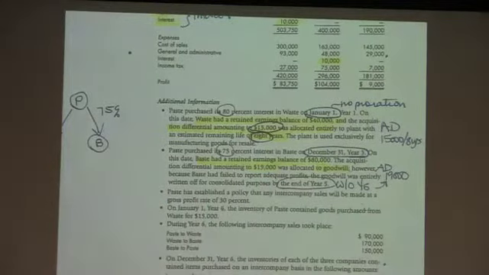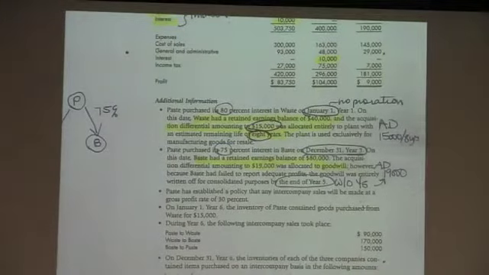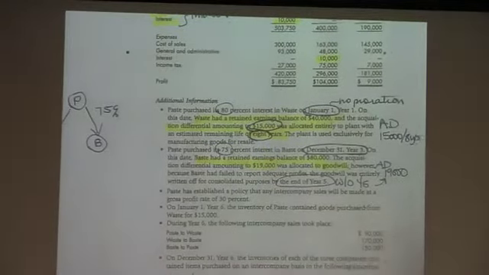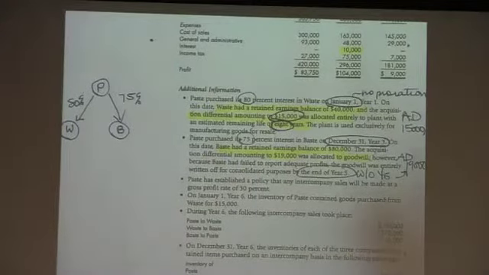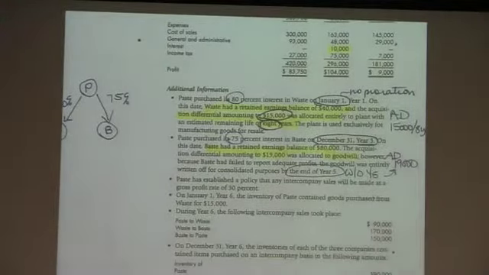All right? So the first two bullet points gave us a great understanding of the relationship between P, W, and B. And you can see that you need to draw a diagram to showcase how the relationship works. This question just happens to have two subsidiaries.